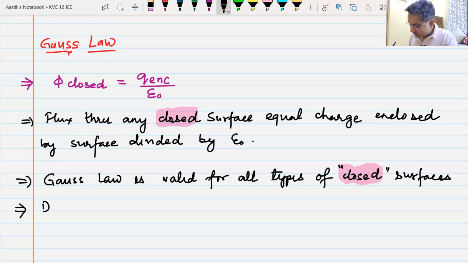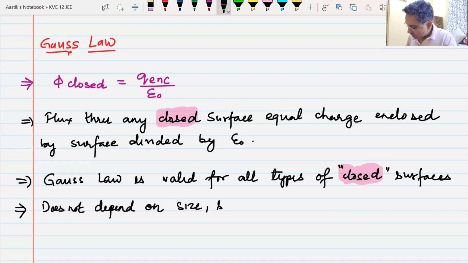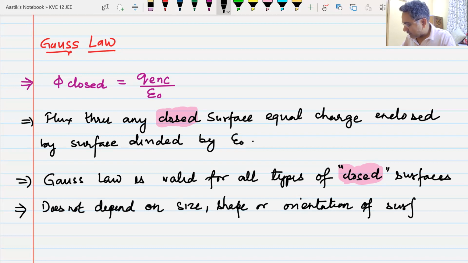Gauss law does not depend on size, shape, or orientation, how it is placed, of the surface. No matter how you place it, Gauss law is valid.